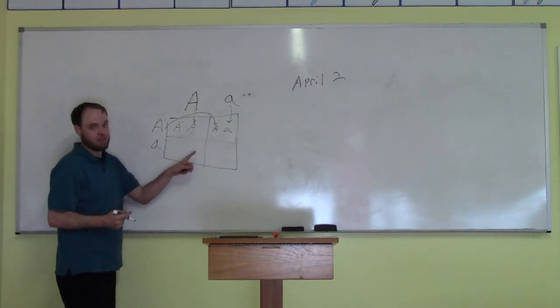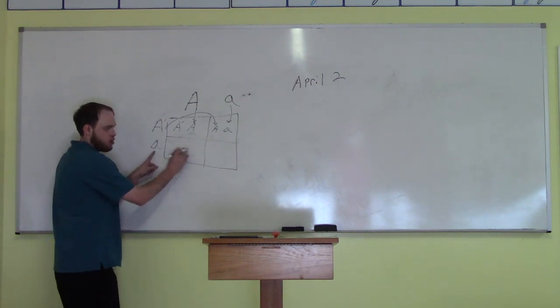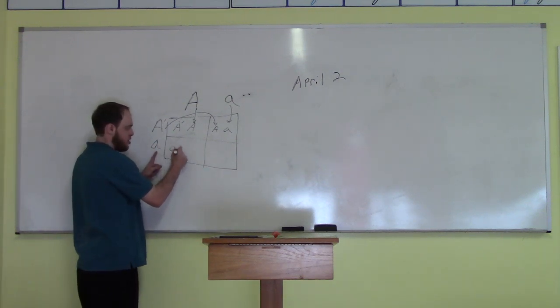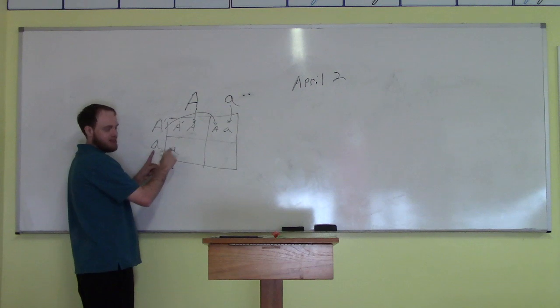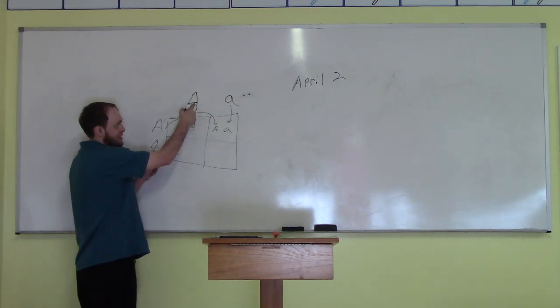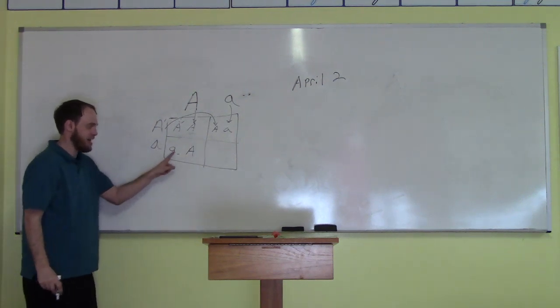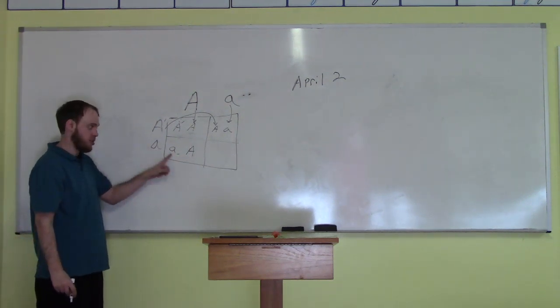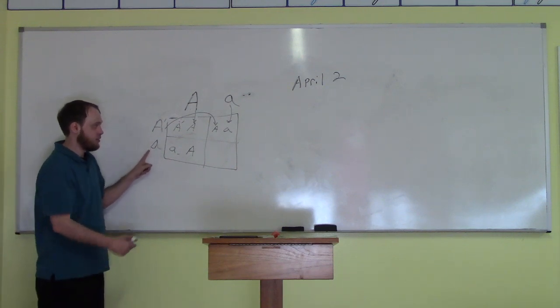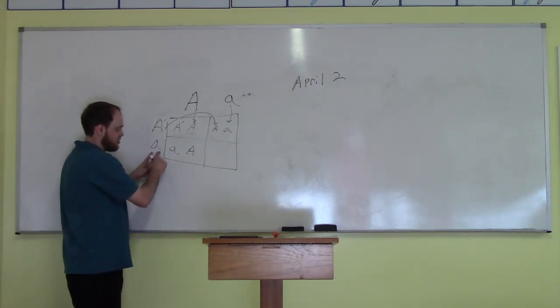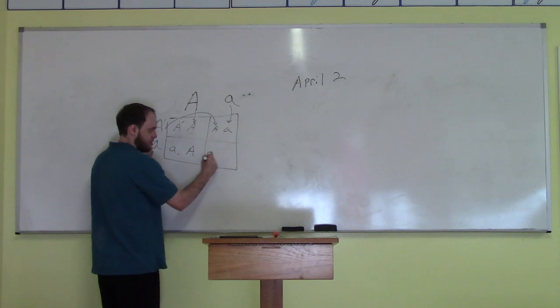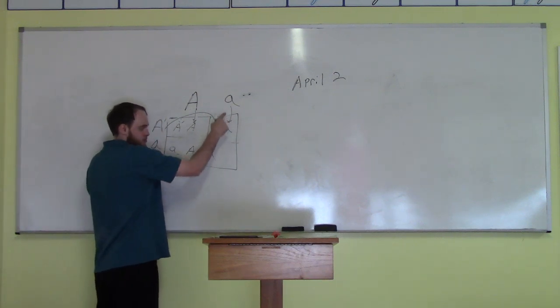Alright? So when we do these bottom two, you have this row that's going to be made up of this small a. So this small a passes into this row. But then this top A, this capital A, is going to pass to here. So you get the small a and the big A. Then for the fourth one, you get this small a, and then this small a.